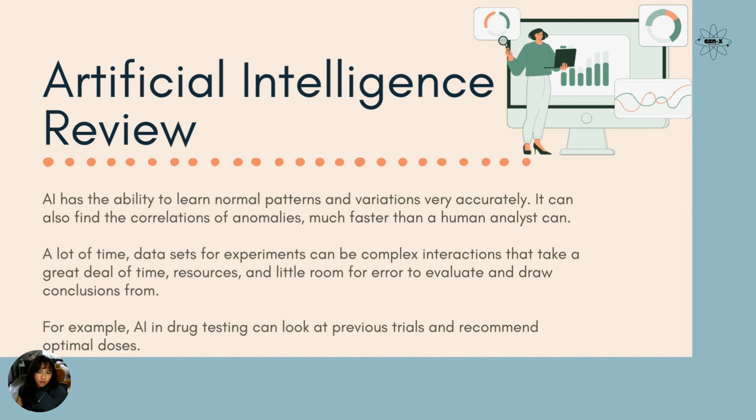Another example, maybe you've heard of it, is the AlphaFold. It's a computer learning system that has been able to predict the 3D shape of proteins based on amino acids.